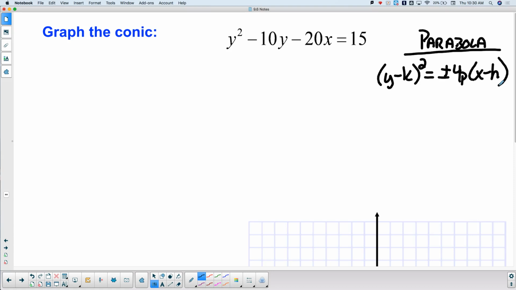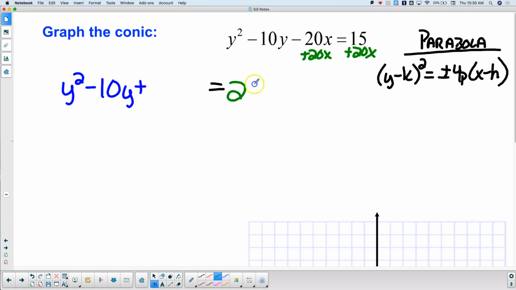So with that being said, I would group my y's on one side. And then on the other side, I would add 20x because that gets it closer to the form that I need it in. The b value is negative 10.